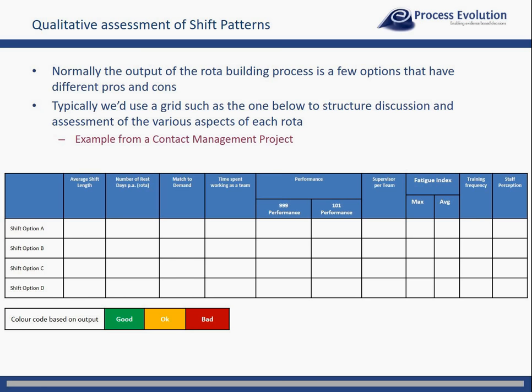And this ranges from shift length, the number of rest days that an employee would receive, the match to demand, the time spent working as a team, the performance that this would generate using our call profiler models, number of supervisors required, the maximum and average fatigue levels, how often training is done, so the frequency of training, as well as the perception from staff, so understanding how the staff would feel about these rotas.